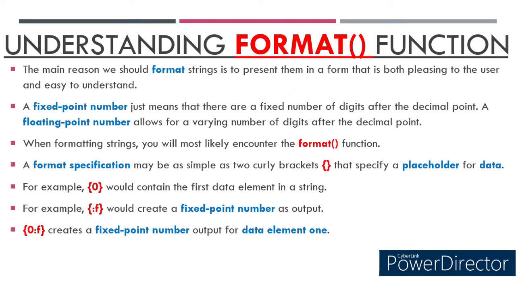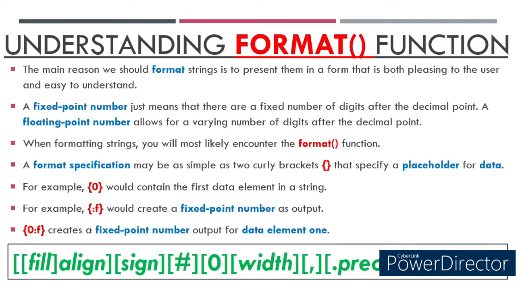The formatting specification follows this form with the italicized elements serving as placeholders here. For example, in my code, I want to include 0, align and width. In order to get the correct result without any errors, I have to write them in the order you see here. So first comes align, then 0 and then lastly width. Rest of them are not included.